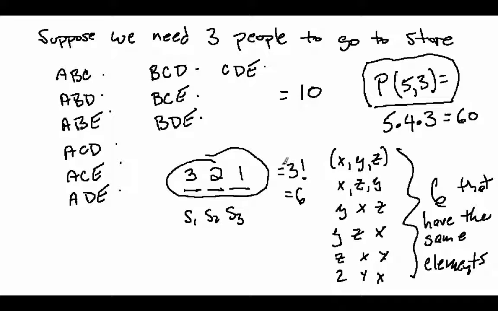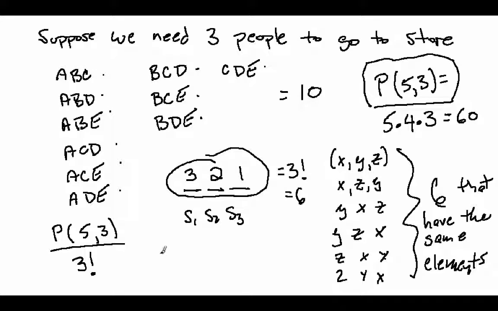So what's going on here is, if I want to know how many different ways can I select 3 people from a group of 5, it's going to be P of 5, 3. But then I'm going to divide by 3 factorial, because there are 3 factorial different ways to permute all of these.